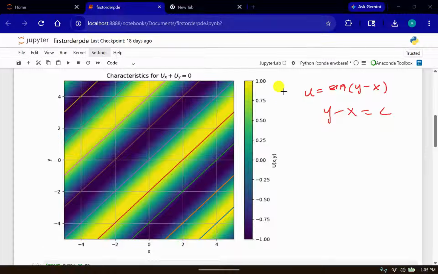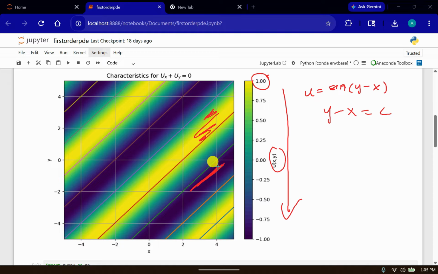If you look at this bar here, it's just u of x, y. These colors are for 1. 0.75 is also close to 1, so that is the yellowish color. And the deep ones here are the negative values.